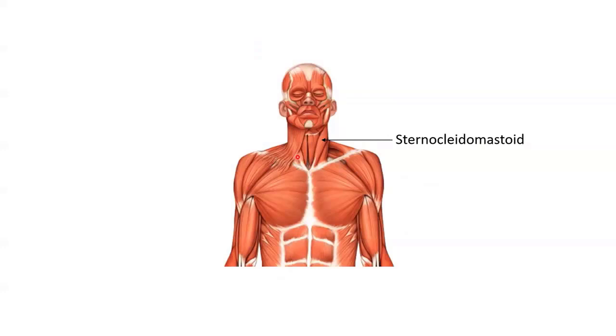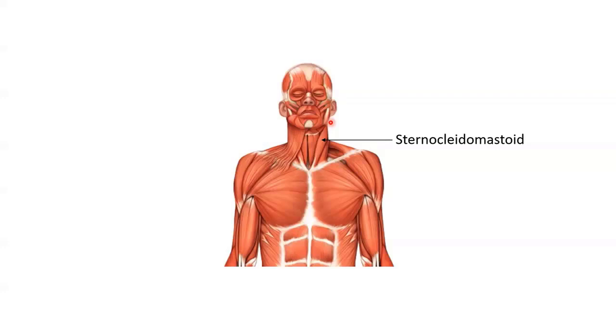This muscle has two heads or two portions: a sternal portion, which is this section here, which originates from the manubrium or the top part of the sternum, and a clavicular head, which originates more laterally from the medial third of the clavicle, which is also known as your collarbone. Both of those heads will then insert onto the mastoid process of the temporal bone, which remember is that little lump that you can feel behind your ear, as well as onto part of your occipital bone.